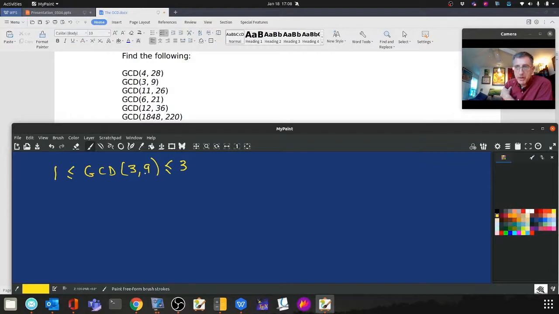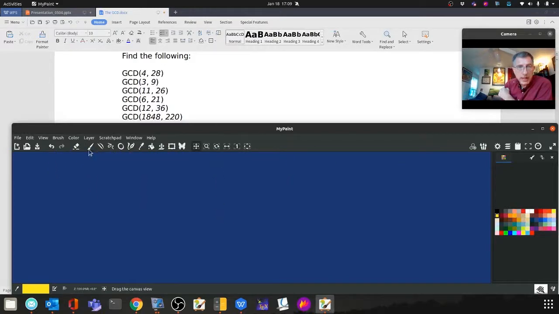Now 3 is a prime, but notice that rule number 2 applies in this case, because 9 divided by 3 is 3. So 3, the smaller of the two, evenly divides the larger of the two. So in this case, using rule number 2 again, the GCD of 3 and 9 is equal to 3. That's as large as it can possibly be.